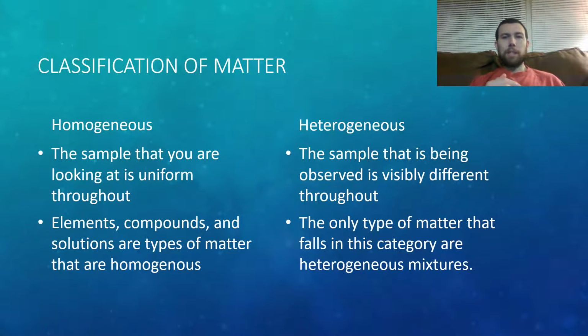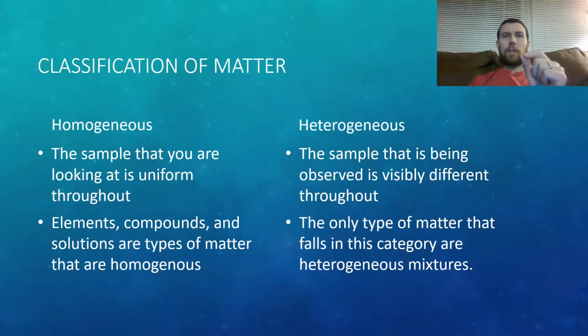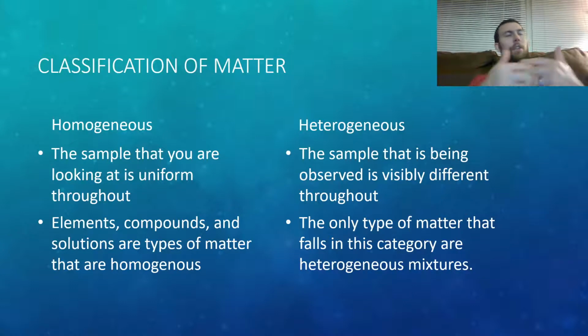Now, heterogeneous, we've got that prefix hetero, so going right through here, hetero, that's telling us that there's going to be differences, right? And so when we say heterogeneous, what we're saying is the sample, or whatever it is that we're looking at, it's observed and it's visibly different throughout. If you think back to the previous slide, there was that example of the salad, right?